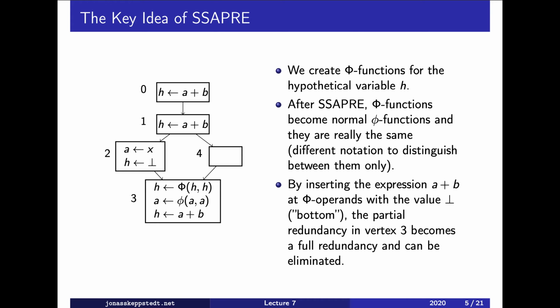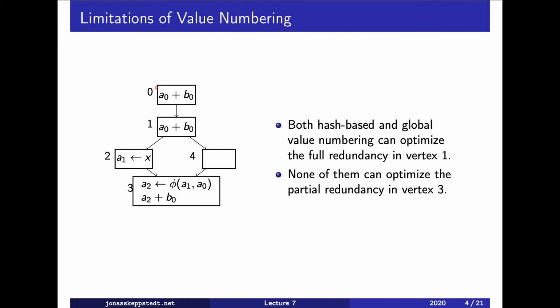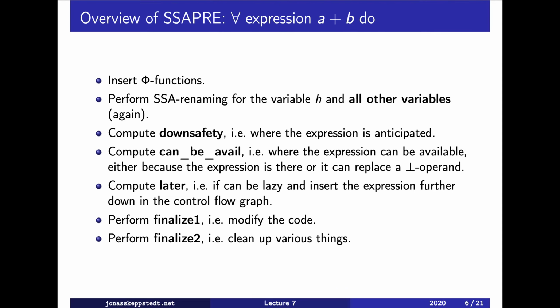I said previously that when we translate a program to SSA form, the renamed variables can just be temporaries. But SSAPRE needs to know which ones are which, what they originate from. So it's not sufficient to only say temporary 1 plus temporary 2, etc. We need to know that they are from A and from B.